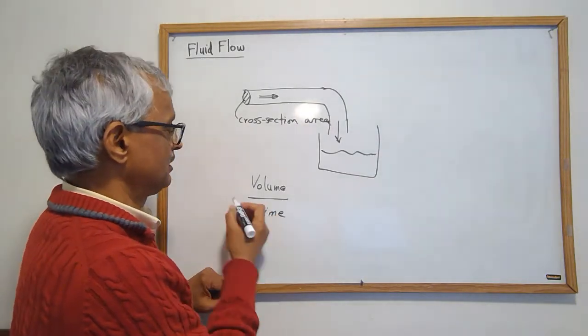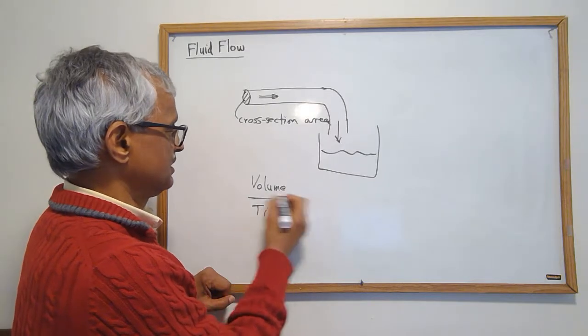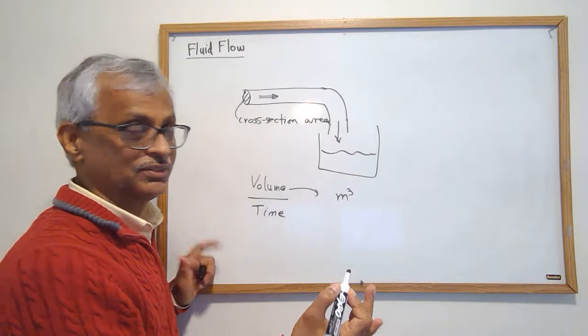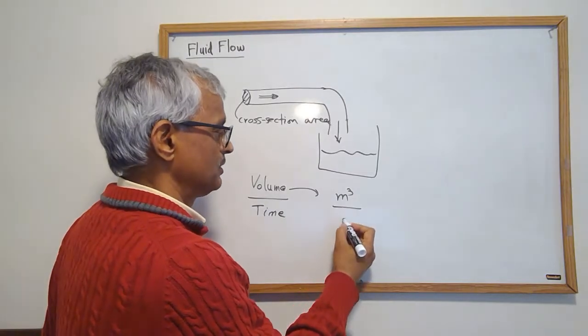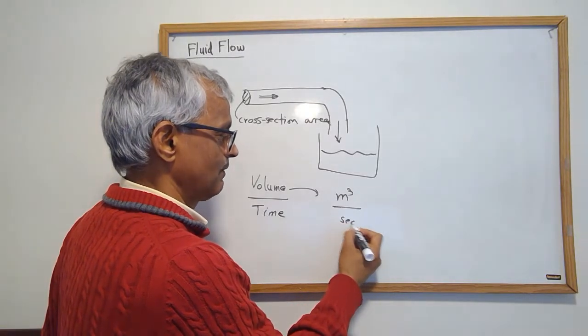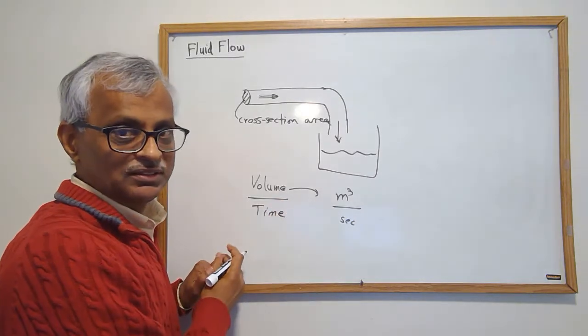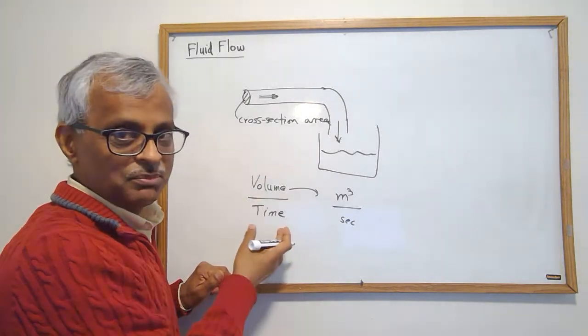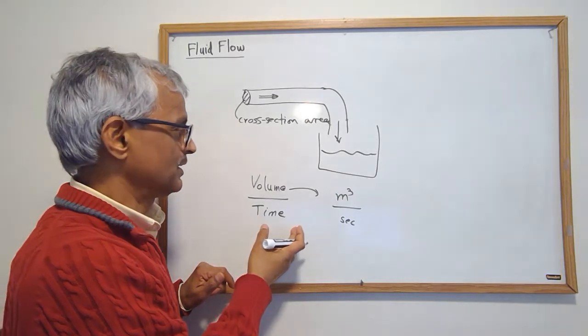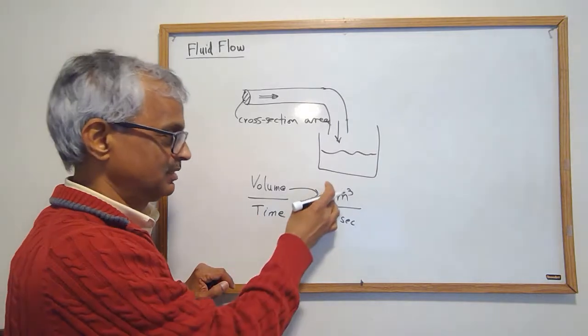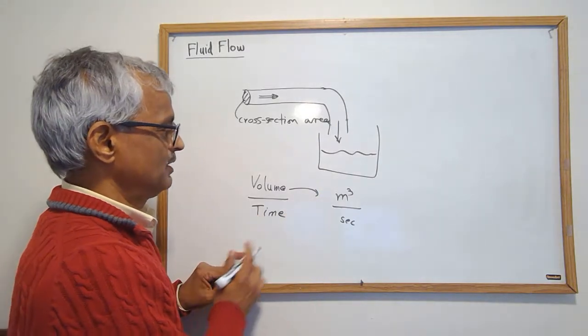For instance, this may be a meter cubed, there's a lot of fluid, over seconds. This would be a very big unit. So usually you have liters per minute for the volume and time in minutes, but this would be the SI units.